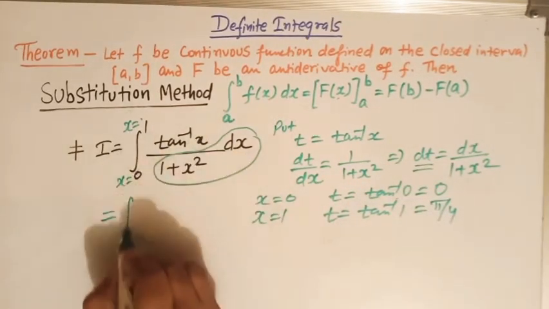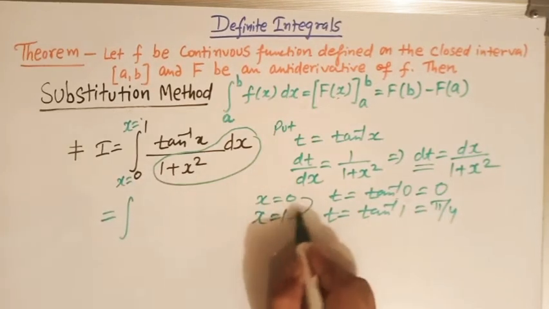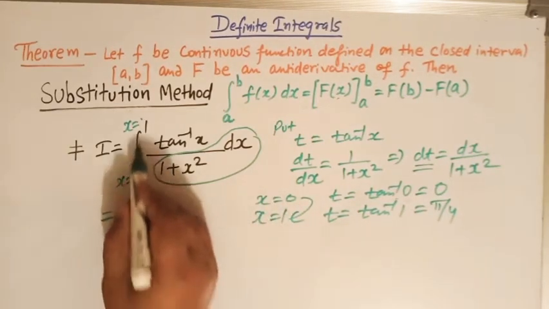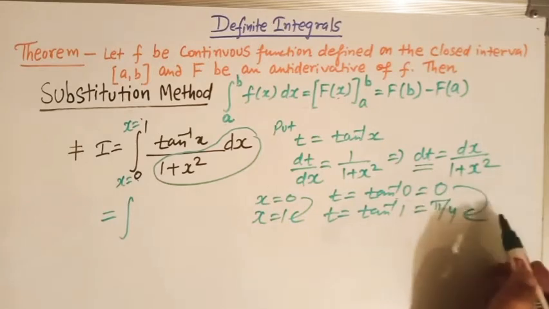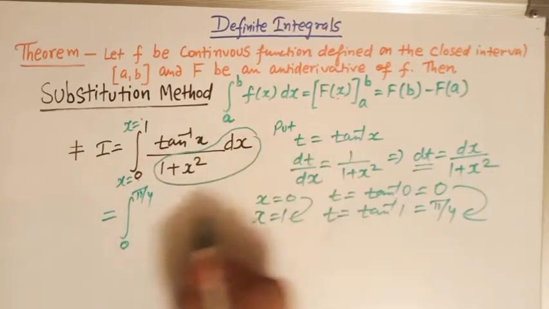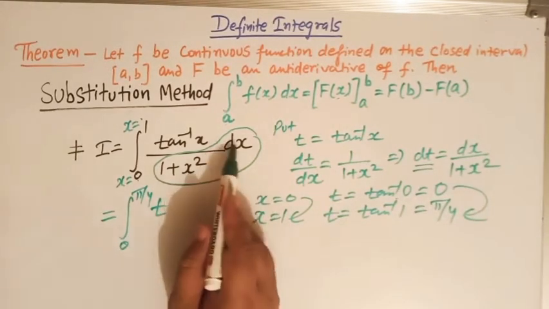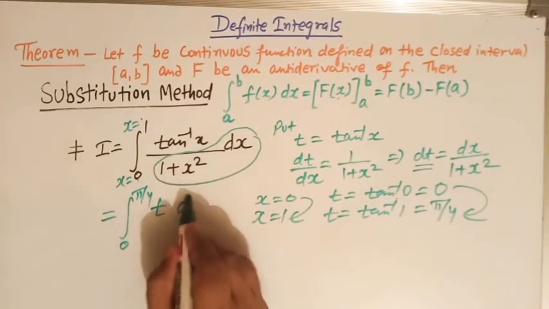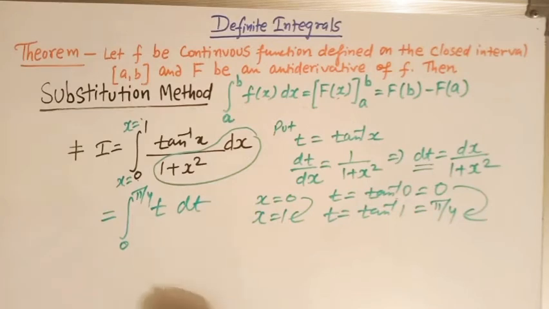So this integral, the limit is from 0 to 1, so the limit now becomes 0 to pi by 4. For tan inverse x we have t, and for dx over 1 plus x square we have dt, right?